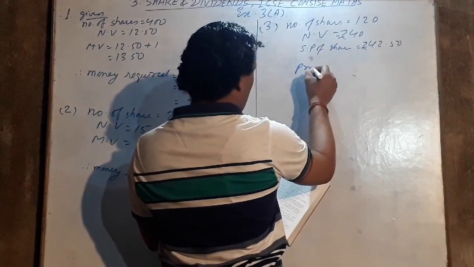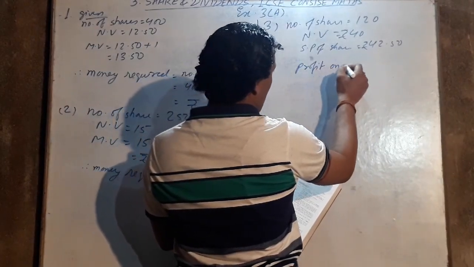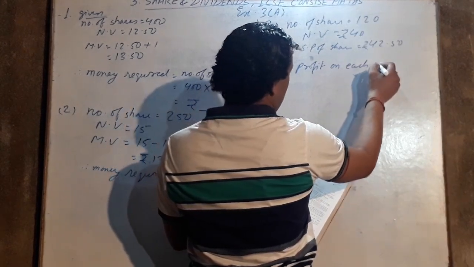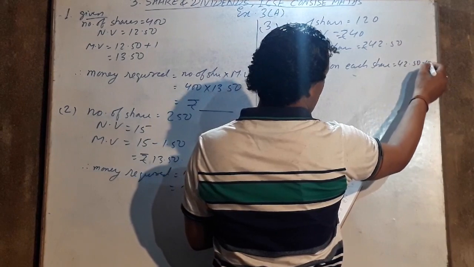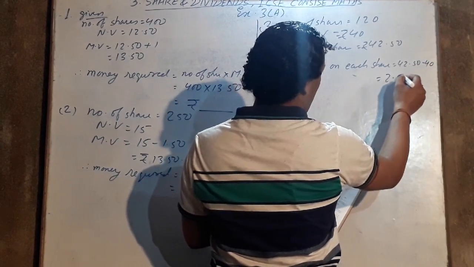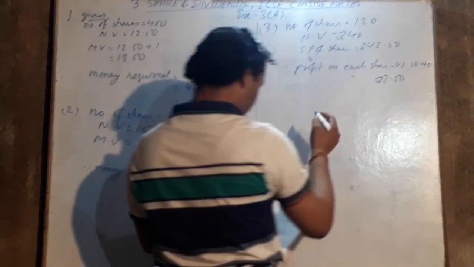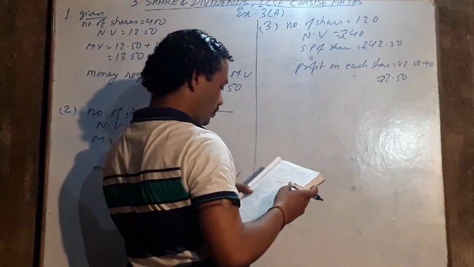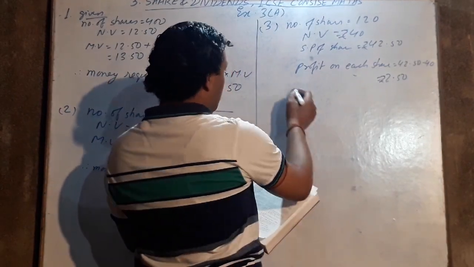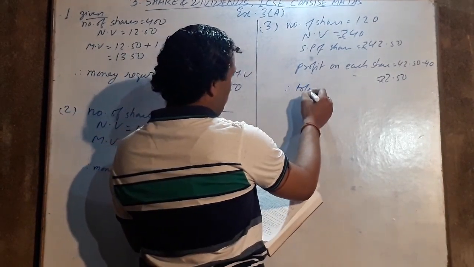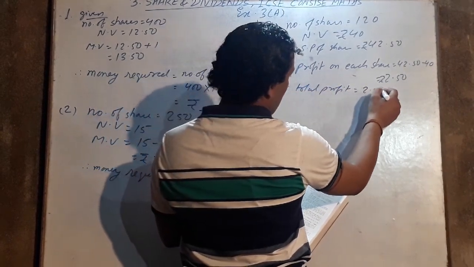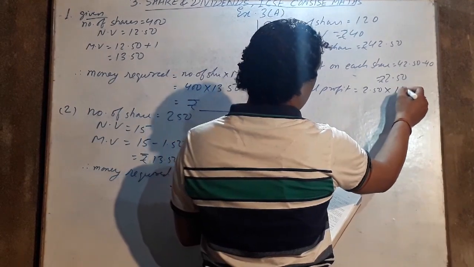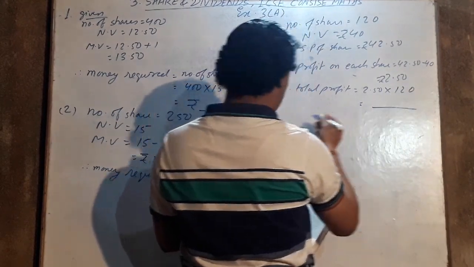So profit on each share is equal to 42.50 minus 40, that is rupees 2.50. Total profit is equal to profit on one share into number of shares, you will get from here.